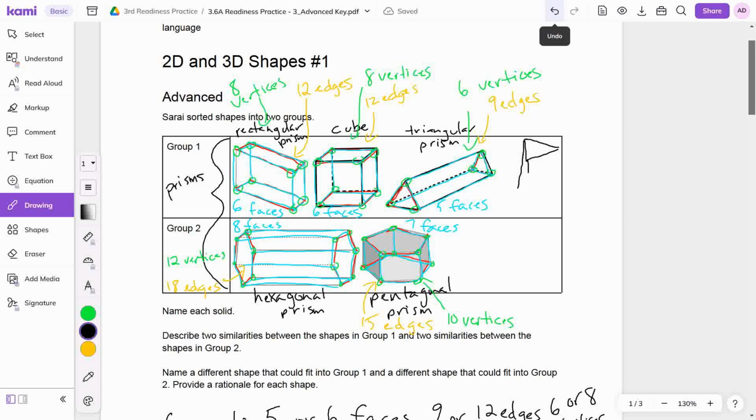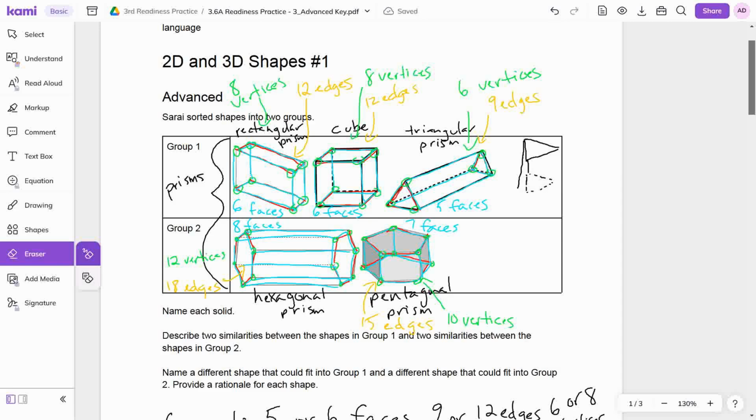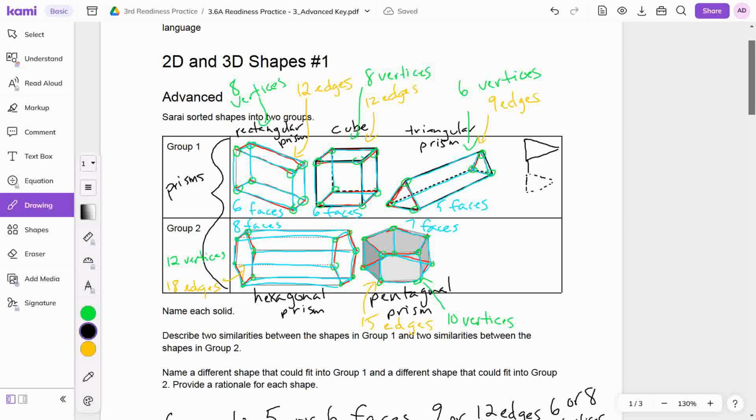So sometimes you'll get a triangular prism, and it'll kind of look like this. All right, so let's see if we can make that connect here. And so when you're looking at it like this, we'll see this is solid.